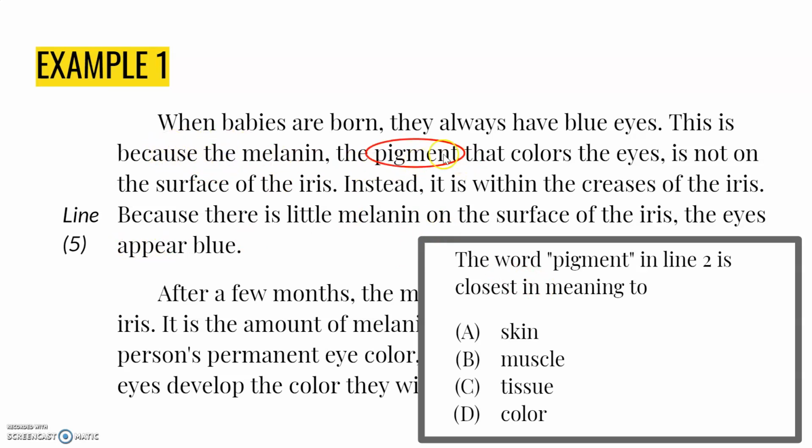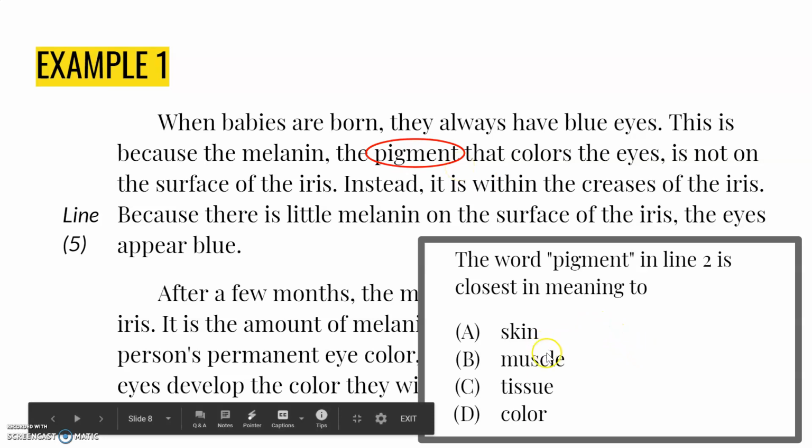There you go. The pigment. And then the second step is to read the sentence carefully. The pigment that colors the eyes. So as you see here, a pigment is something that gives your eyes color. So what gives your eyes color? Is it skin, muscle, tissue, or color itself? Of course, the answer is color.